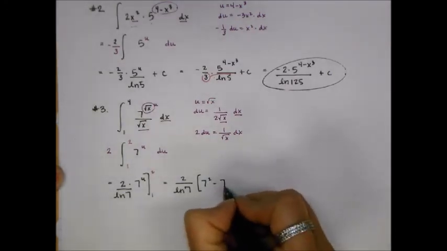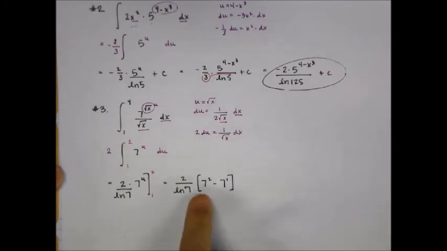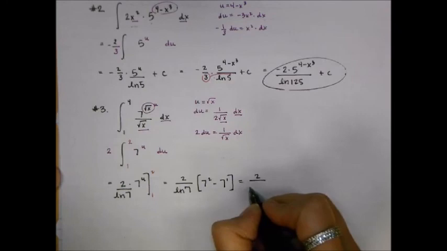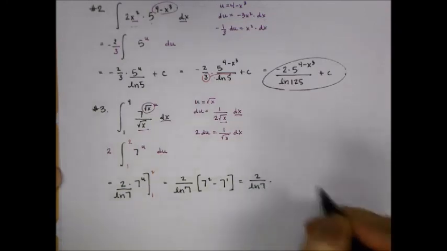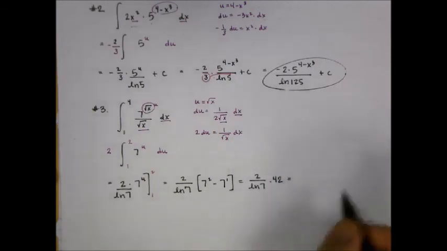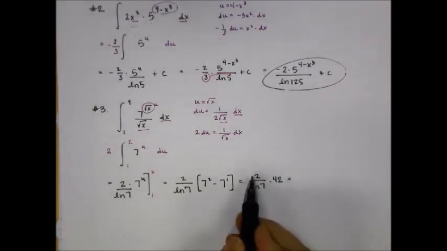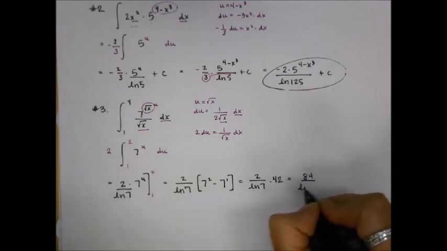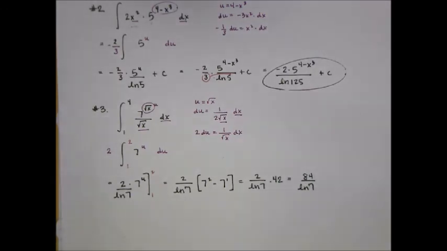So 49 minus 7. And then we'll multiply it together here. 2 times 42, so we get 84 over the natural log of 7. And that is our final answer.